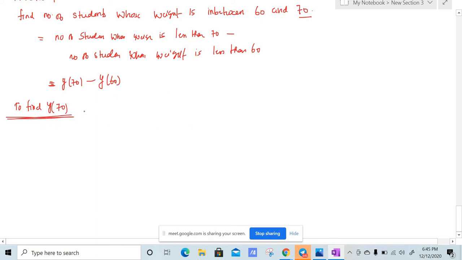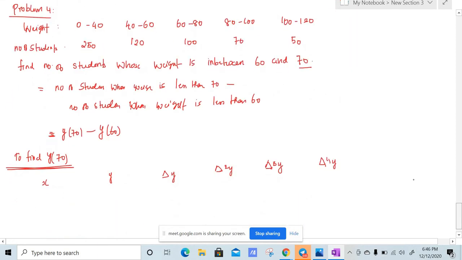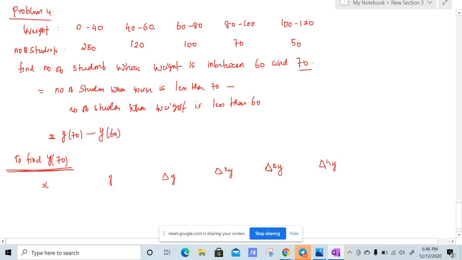So before that, what we need to do is find the cumulative, right? So it is x, and this is y, and this is del y, del square y, del cube y, del power 4 y. Weight less than 40, less than 60, less than 80, less than 100, less than 120.